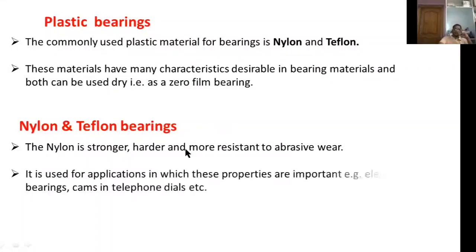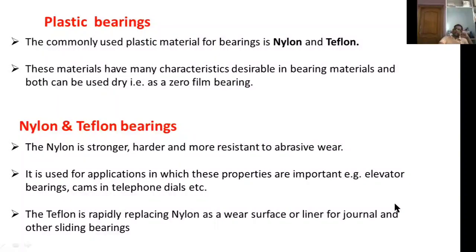Okay, and they are used for applications in which these properties are important. Example, elevator bearings, cams in telephone dials. Okay, like that. And Teflon is rapidly replacing nylon as a wear surface or liner for journal and other sliding bearings. Okay, these are the important bearing materials.